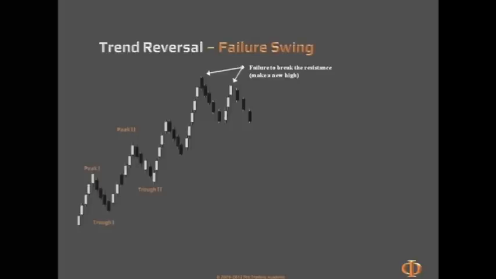Okay, so once we have the failure to go higher, it's our warning signal that this uptrend could be coming to an end. But the confirmation of when the trend finishes comes when the price goes below the last bottom, because in that event we no longer have higher tops and we no longer will have higher troughs or bottoms.